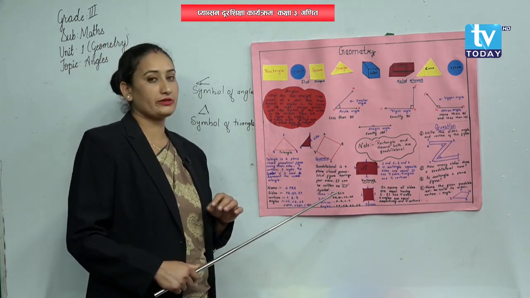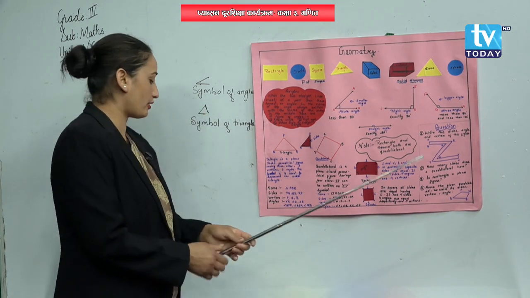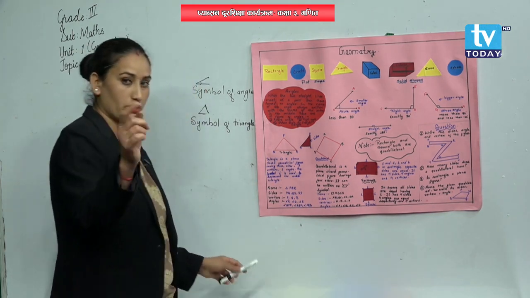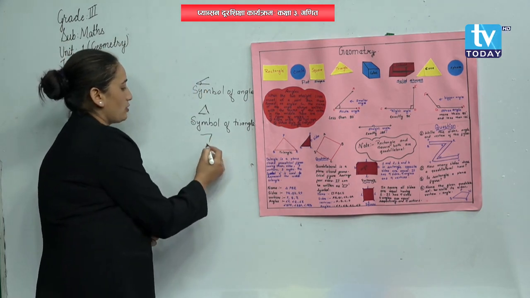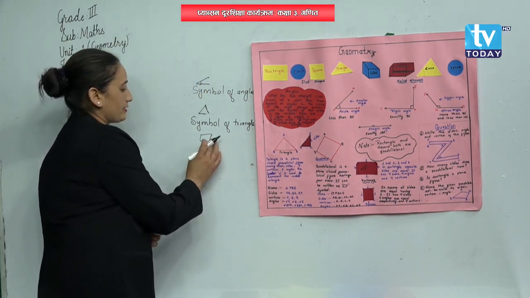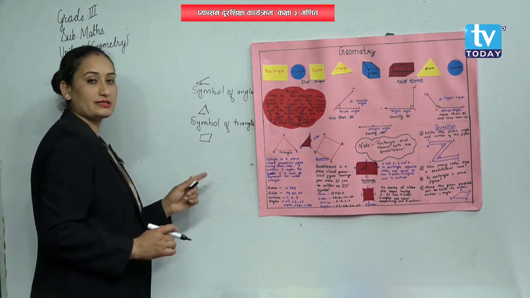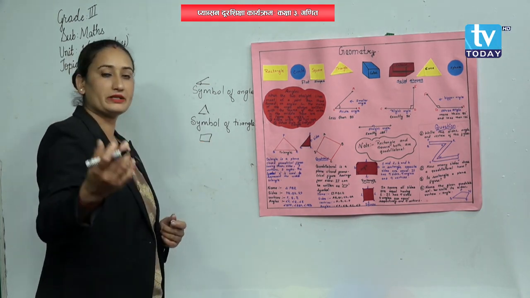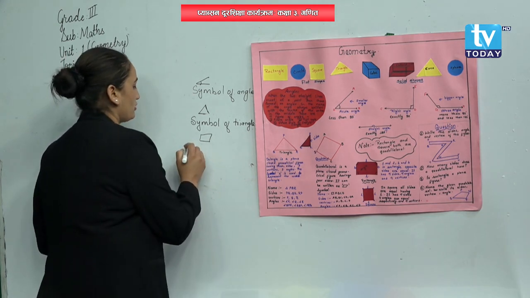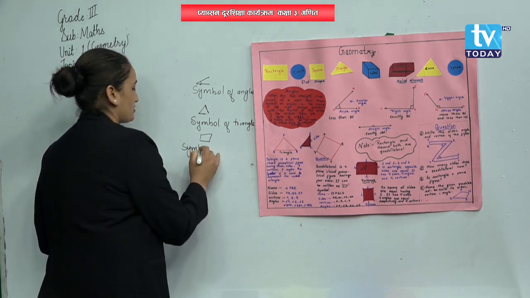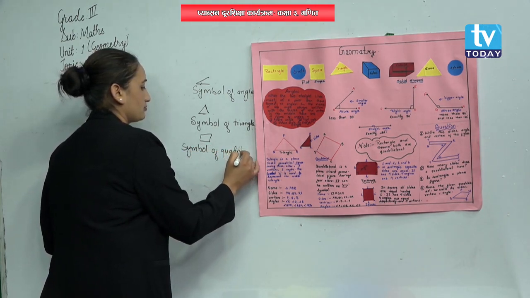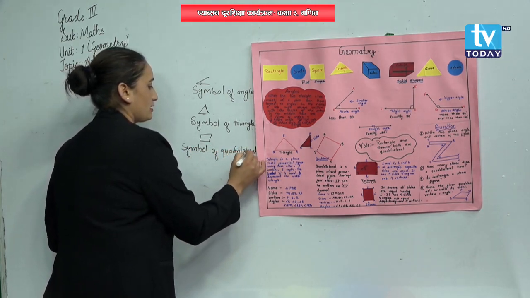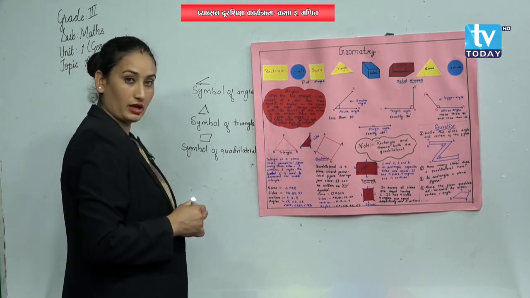The symbol for the quadrilateral is this. You can slightly bend it and make a rectangle shape. So this is known as the symbol of a quadrilateral. Write it down. Done?